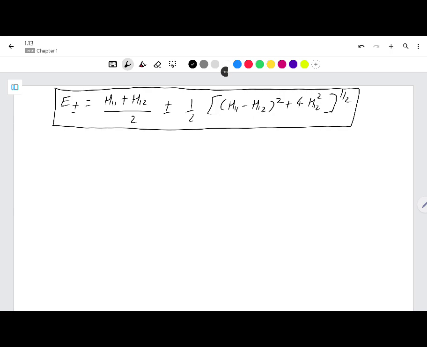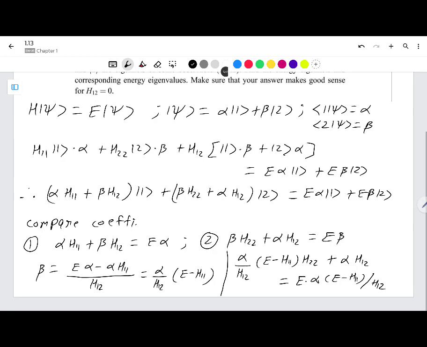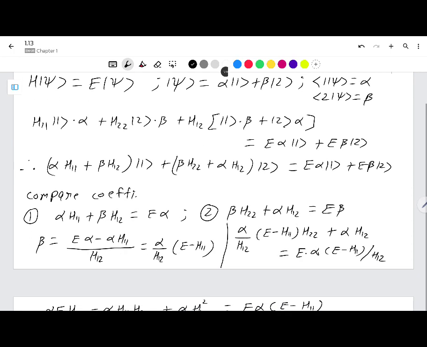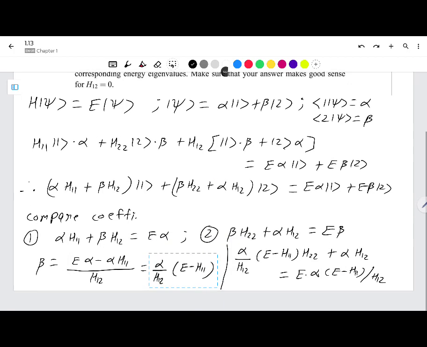Fine. So next is to find the eigenkets. So what were the equations that we had? We had this relation between alpha and beta, which is like this. So this is the relation between alpha and beta.